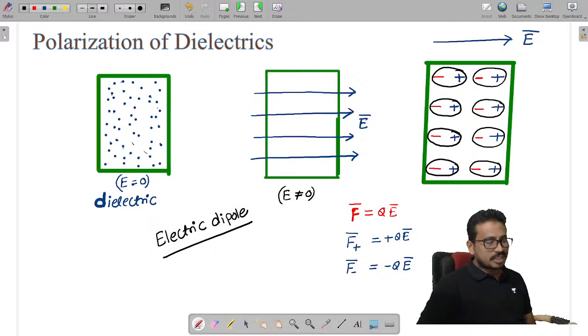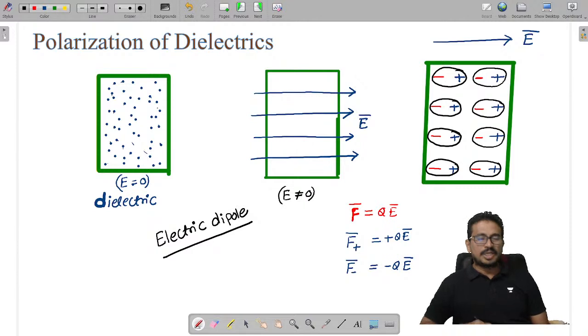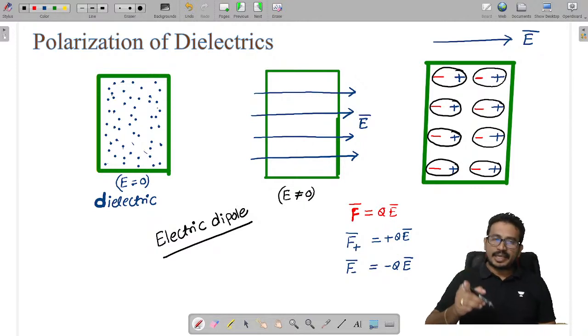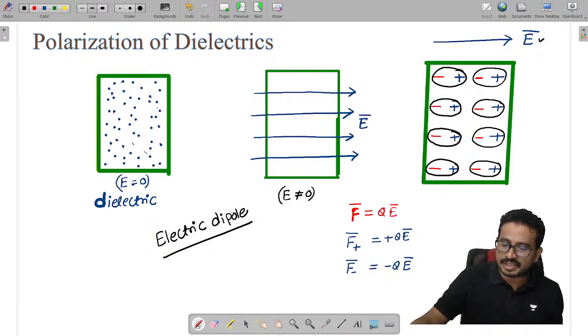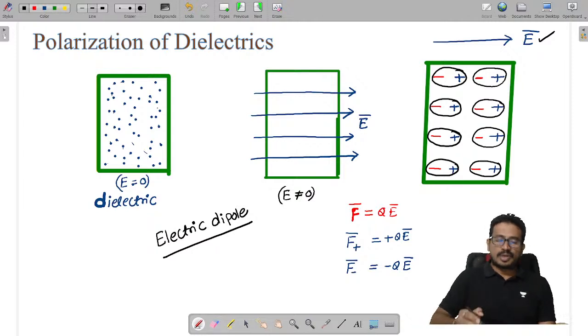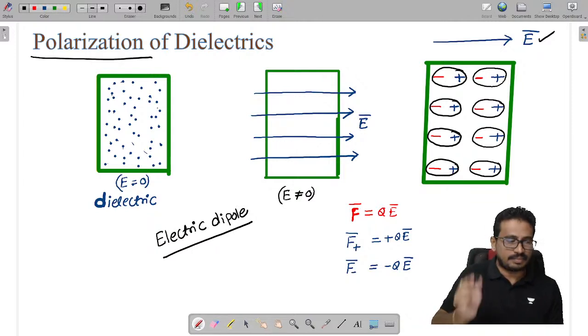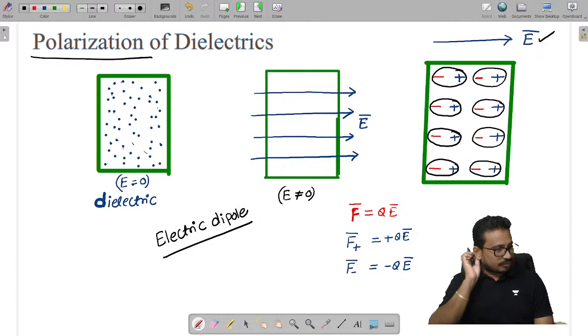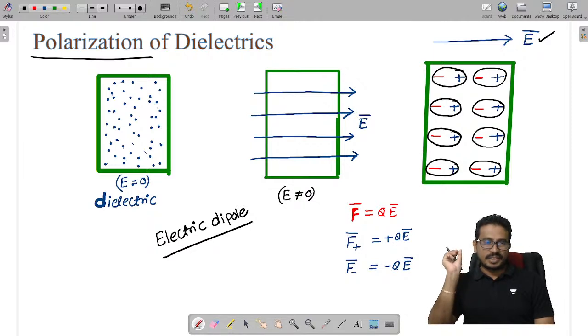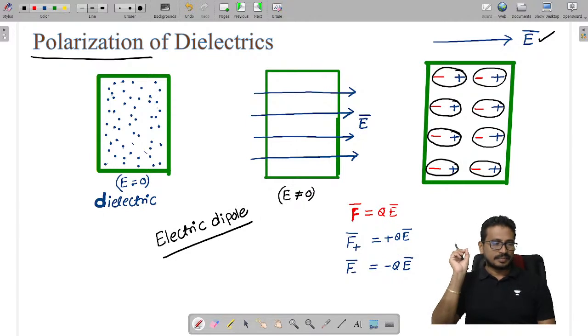The formation of an electric dipole by applying an external electric field is called polarization. Isn't it? All of you tell me.